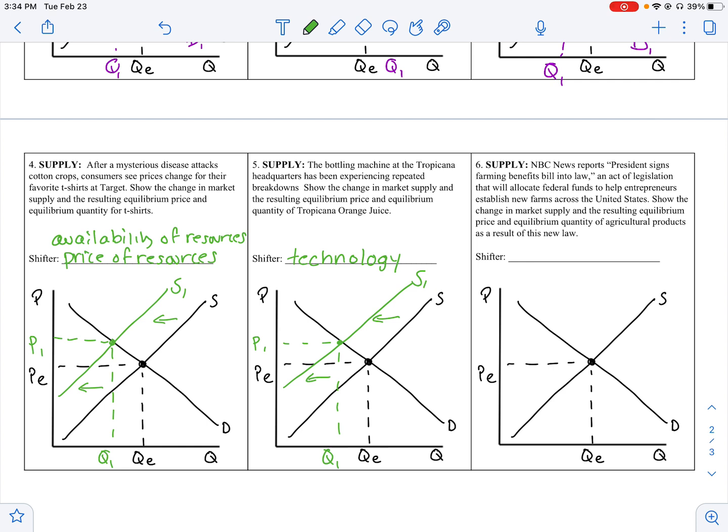The last one is that NBC News reports that the president signs a farming bill into law. Incidentally, it was very challenging to write a scenario where I didn't use the word subsidy, but whenever the government is providing money to an industry, we call this a subsidy. When the government is asking industries to pay it, that's coming in the form of taxes.